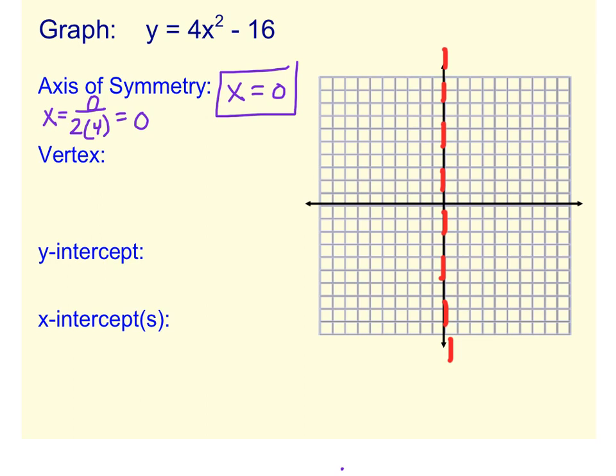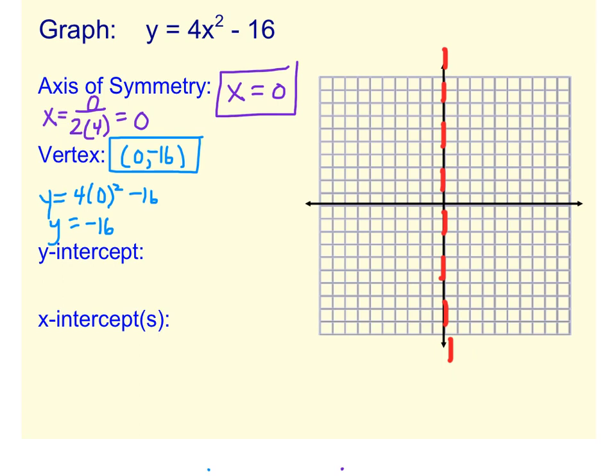All right, now the vertex, we plug in the 0 for the x, because we know that that's the same as the axis of symmetry. So y equals 4 times 0 squared minus 16. You do the math and you get negative 16. So there's our vertex.